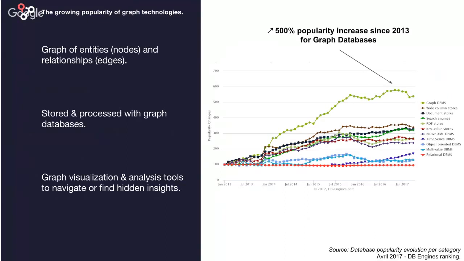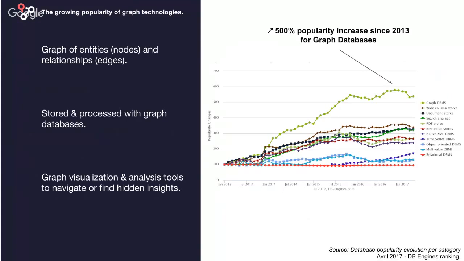So let me first give you a bit of context around graph technologies. The key value proposition of a graph database is to store the data as a graph of entities, called nodes, and relationships, called edges. Today, we see an increase in popularity of graph databases of more than 500% since 2013.